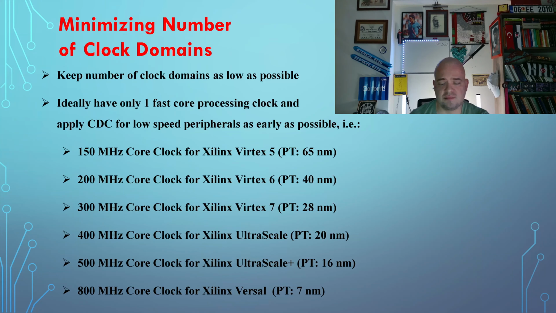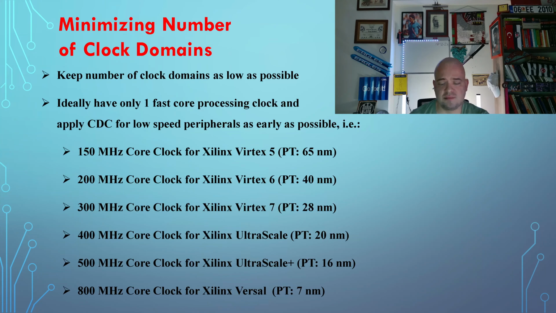On the rightmost, at the end of each line, you see the processing technology. For the Xilinx Virtex 5 family, a 150 MHz core clock is in general a good aim, a good target. This is 65 nanometer transistor technology.